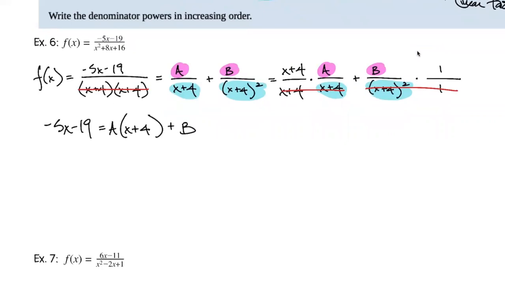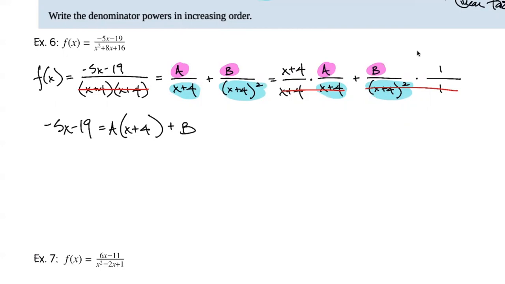All right, once we have this, we can either set up a system of equations using substitution or elimination, or we can cleverly choose some numbers. So it's really up to you. What would we like to try? Would we like to try substitution or elimination, or picking clever numbers?